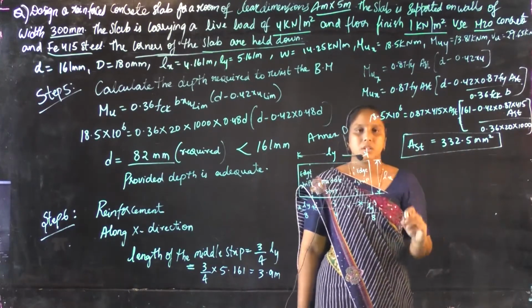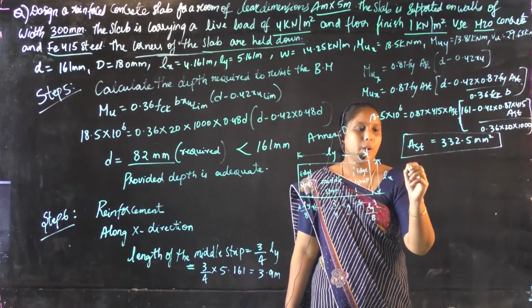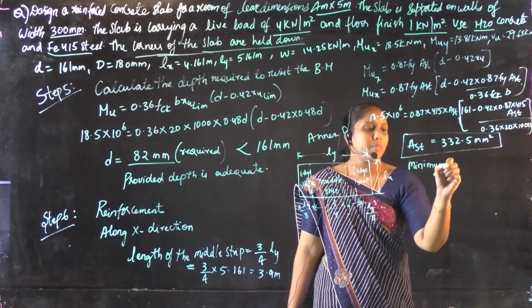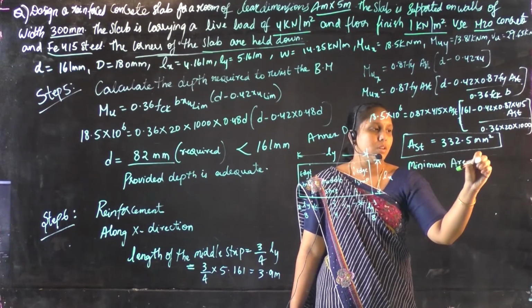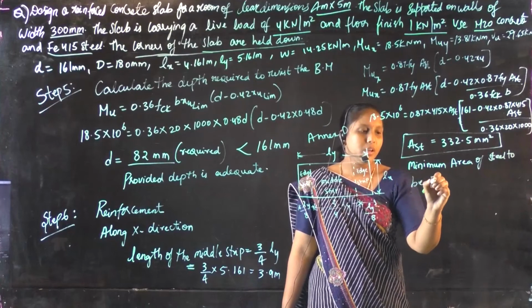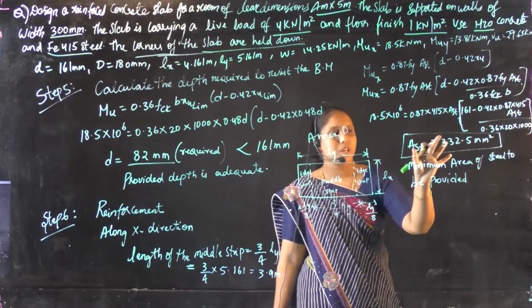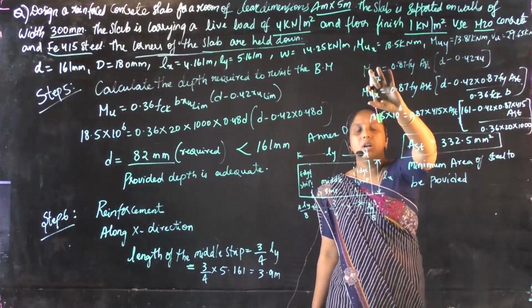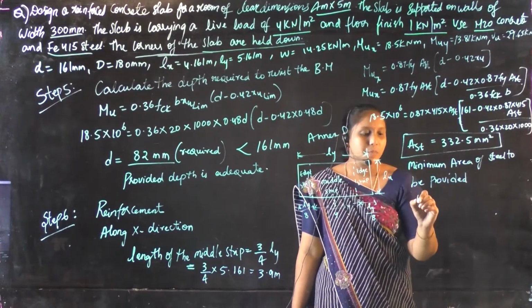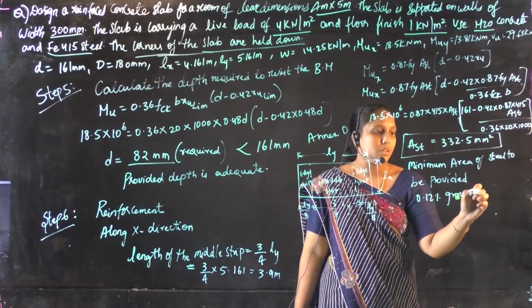Then what do we have to do? We have to check for the minimum area of steel to be provided. So this is the Ast which is required for carrying this particular moment along the x direction, and now we are doing the check. It is 0.12% of the gross area.